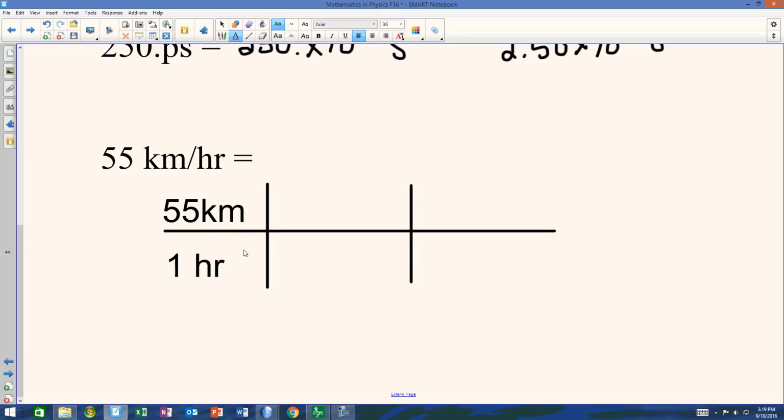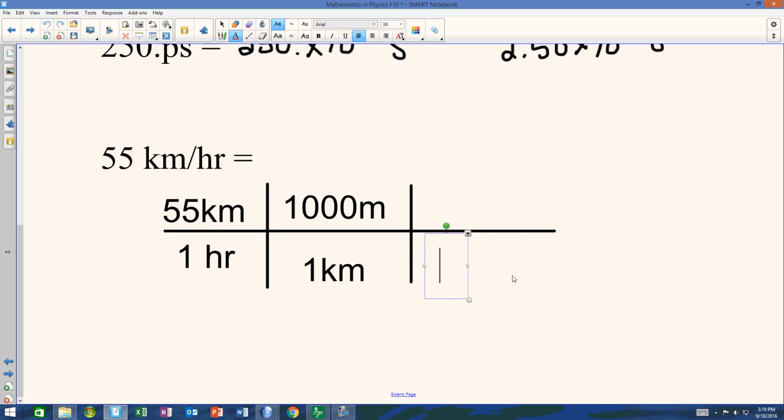Okay, now what I need to do is convert my kilometers to meters. So I'm going to do that right here. I want meters in the top, so I have 1,000 meters. And I want kilometers in the bottom, so I have 1 kilometer. And now here I want seconds in the bottom.